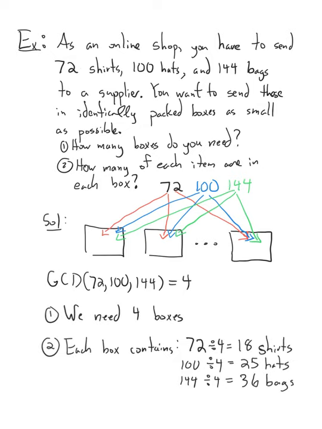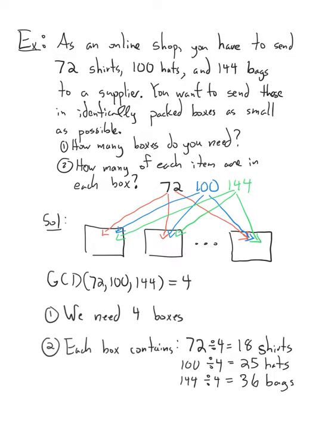So each of our 4 boxes is going to have 18 shirts, 25 hats, 36 bags. We can't have any more boxes than 4 because there is no way to divide up 72, 100, and 144 into smaller equal groups. So the smallest you could do is 18 shirts, 25 hats, 36 bags.